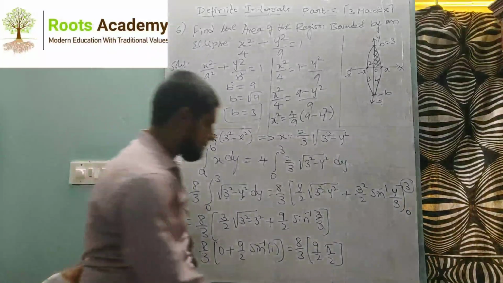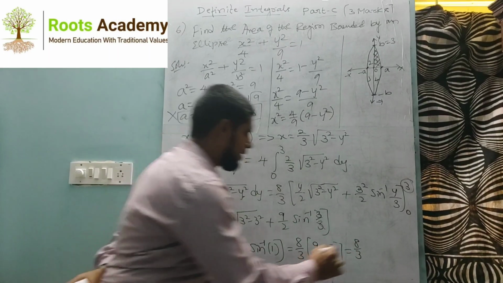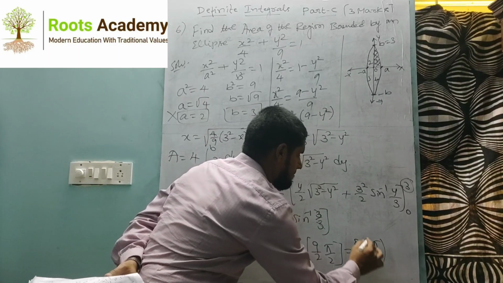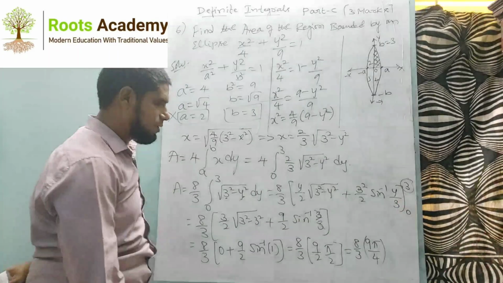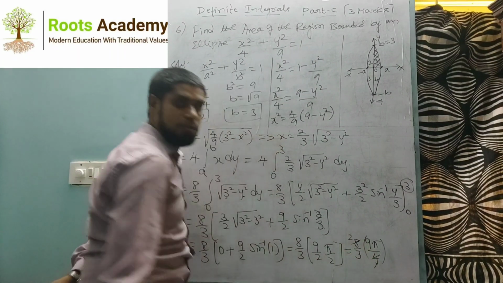So student, here 8 by 3 into 9 pi by 4. So 4 one times, 4 two times.